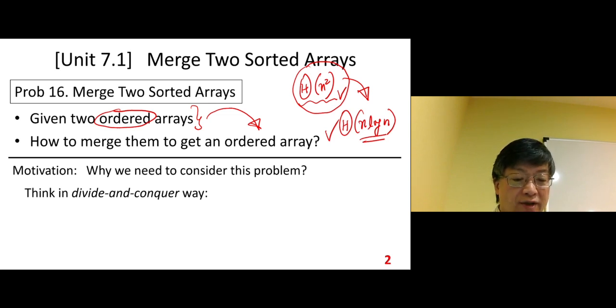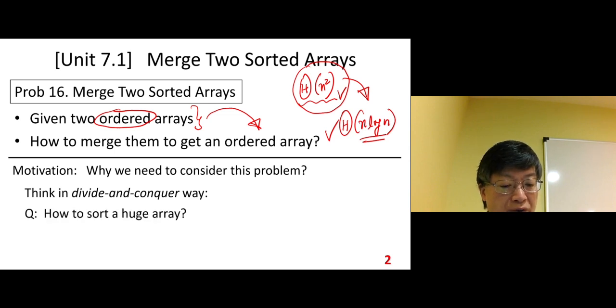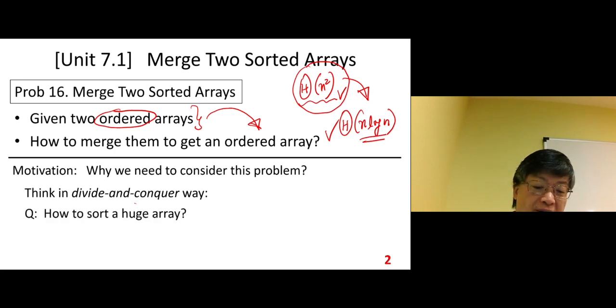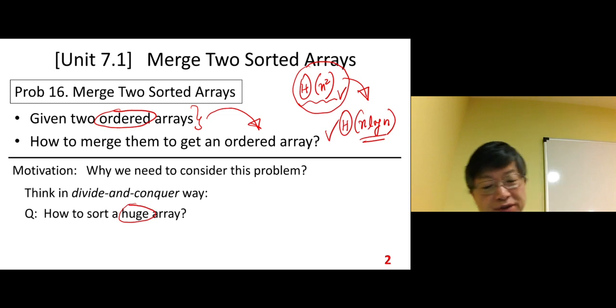Before we go into that part, let me ask another question. How to sort a huge array? You can imagine the number of elements in this array is in billions. If it were in millions, we may not feel it is a huge array, right?